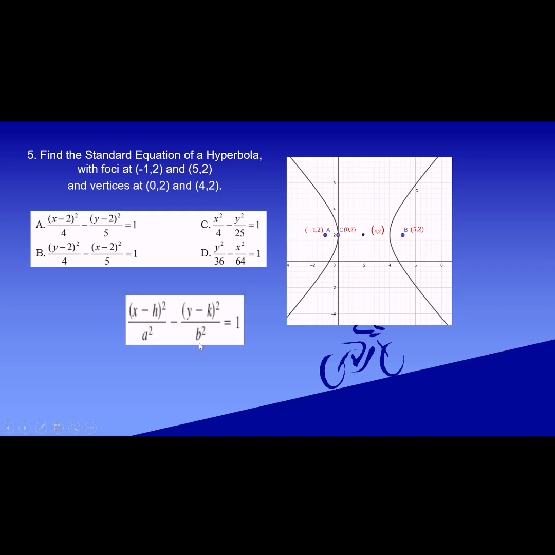So we can use these standard equations of the hyperbola since our center is not at the origin, given the h and k. So the center of the hyperbola is (2, 2), which is our h and k. Generally, that is our center.